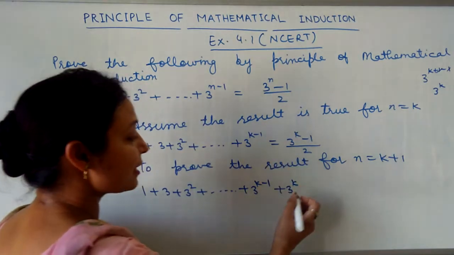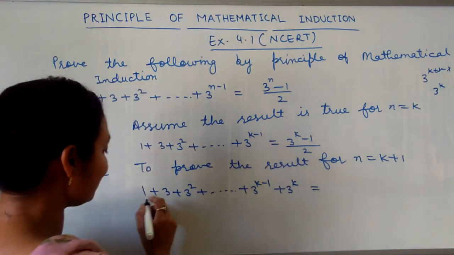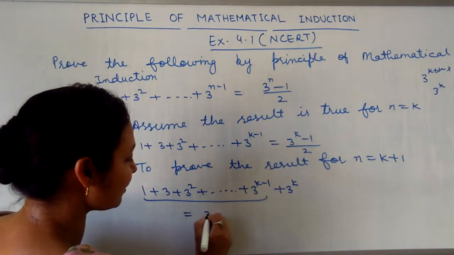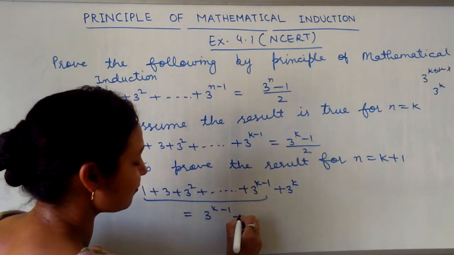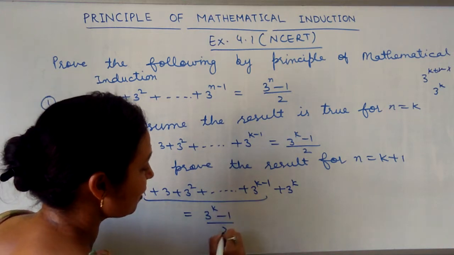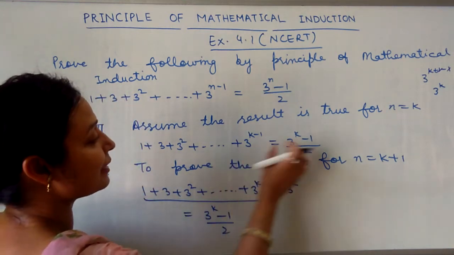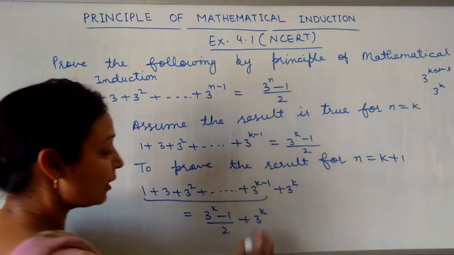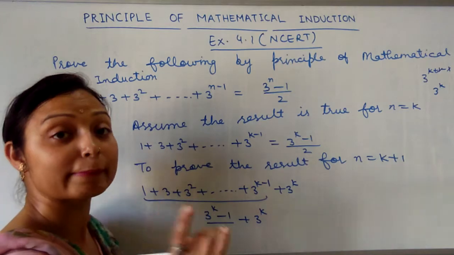Okay, take this value. When you take this value, the whole term having the result equals 3 raised to power k minus 1 upon 2, whose total value is taken from the second step, and I will put plus 3 raised to power k. Now I will solve it for k plus 1.